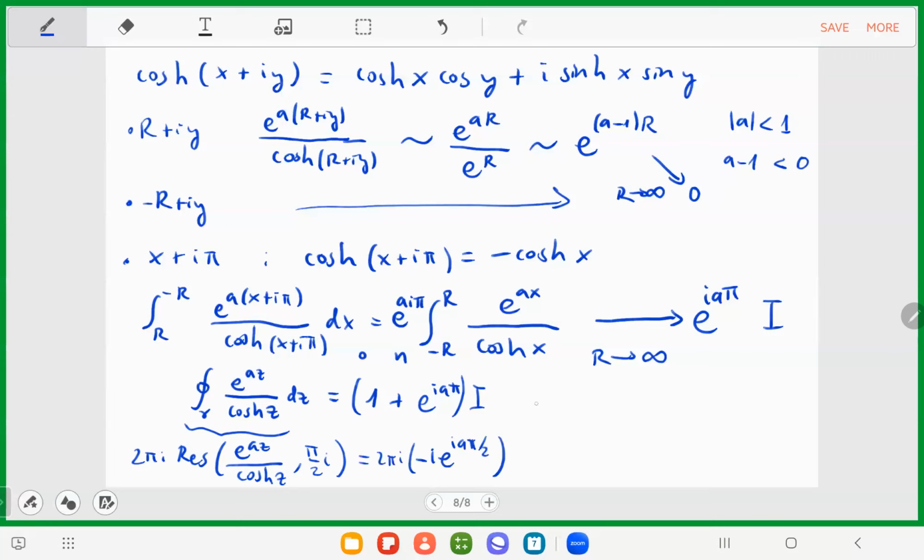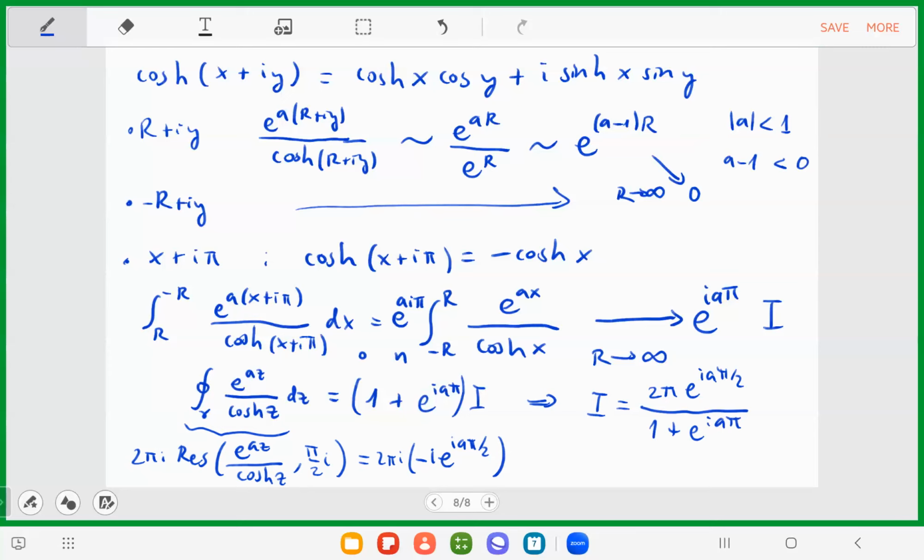And that means my integral is this: 2πi times minus i is just 2π, exponential of iaπ/2, and then divided by 1 plus the exponential of iaπ. And again, this should be real, so it has to be modified.